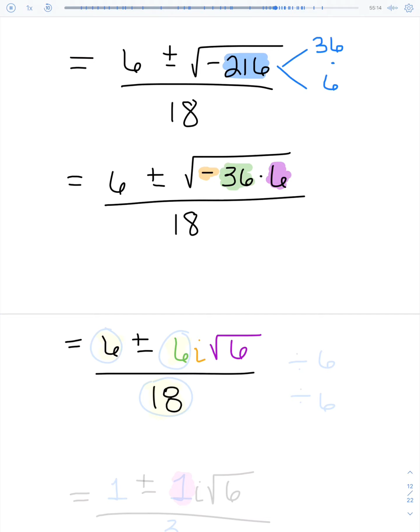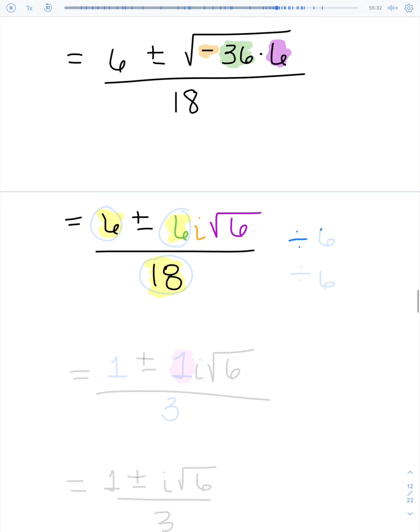Now, what's nice is that this can reduce because everything is divisible by a factor of 6. And when I mean everything, I mean everything that's outside of a square root, because remember, anything that's inside of a square root is safe. So everything that's outside of a square root, each and every piece, has to be reduced by a factor of 6 to be considered reduced and in lowest terms. So when we divide the 6 into the first 6, we get a 1.